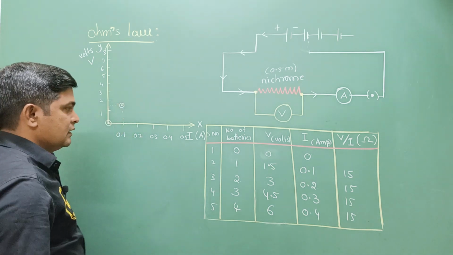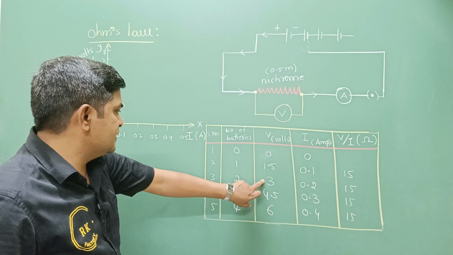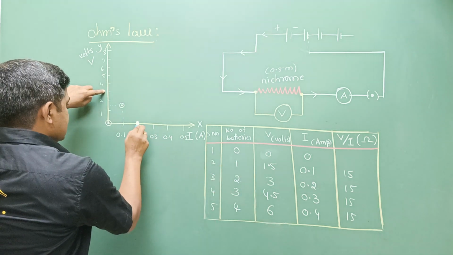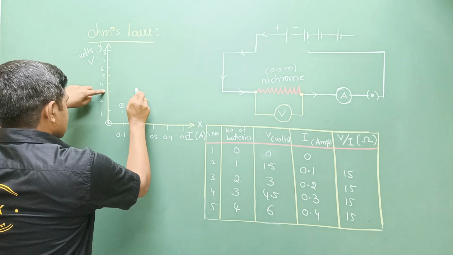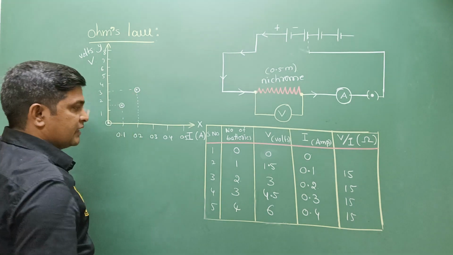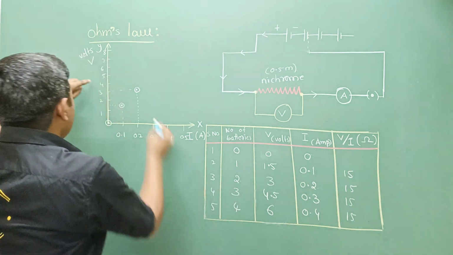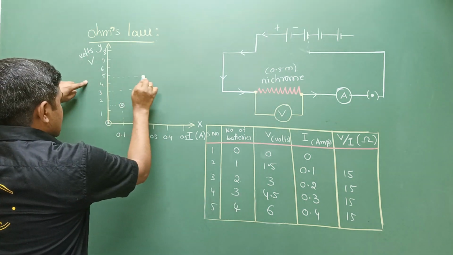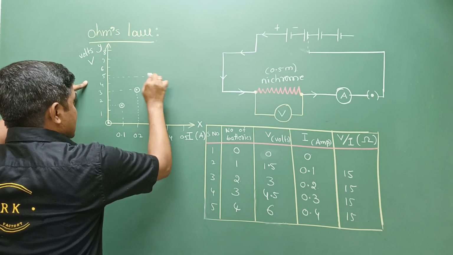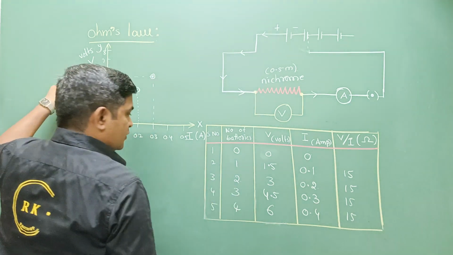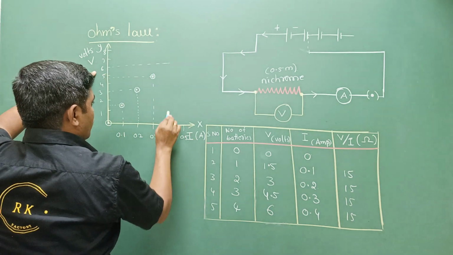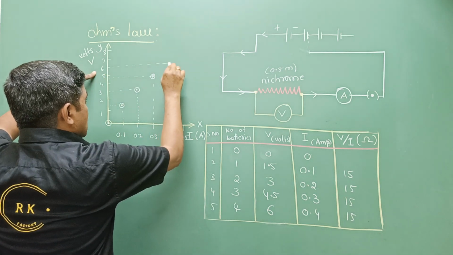Next one is voltage 3 volt and whatever current that is, this one, the second value. Third one is 4.5 volt. Next, the fourth one is 6 volt and 0.4 amp.